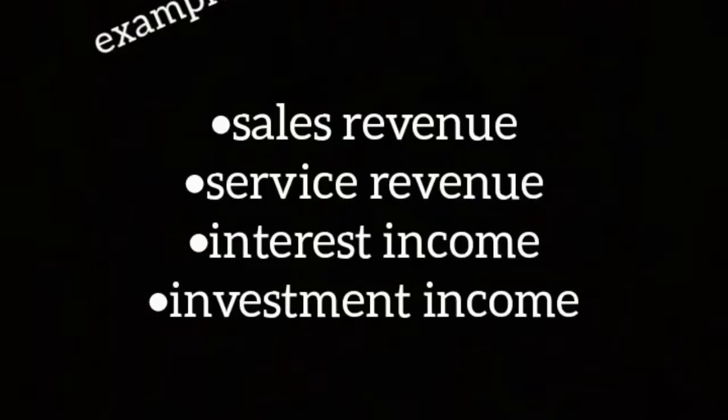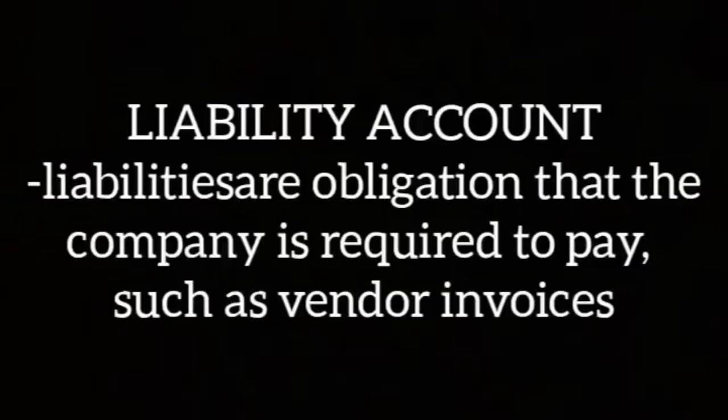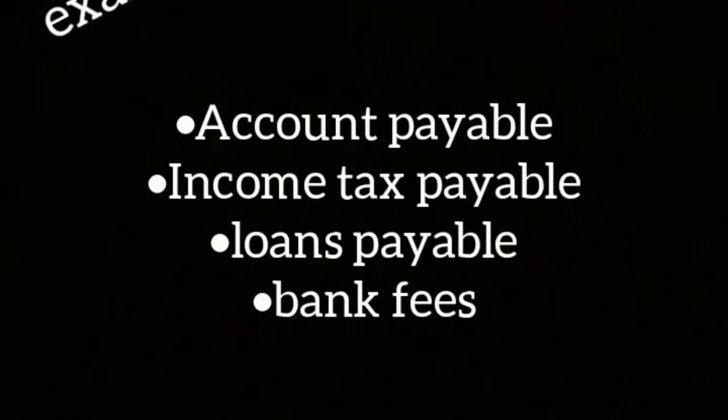Examples are sales revenue, service revenue, interest income, and investment income. Liability account: liabilities are obligations that the company is required to pay, such as vendor invoices. Examples are accounts payable, income tax payable, loans payable, and bank fees.